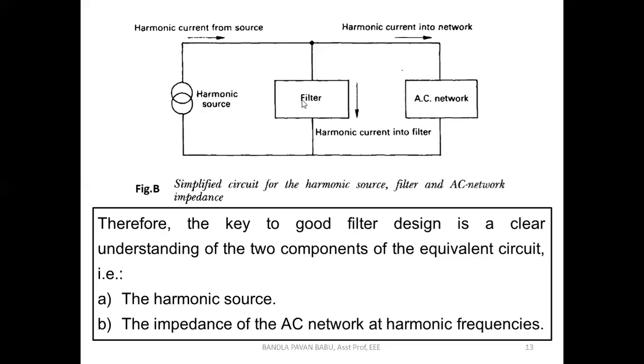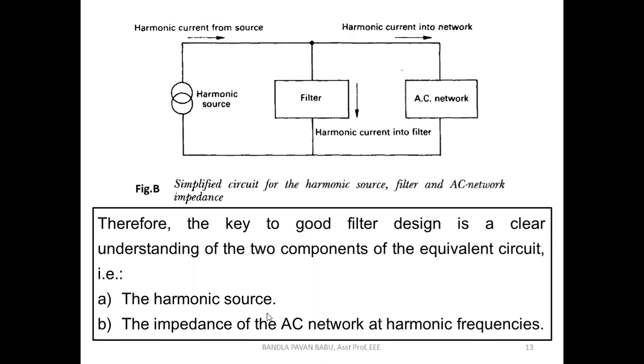Finally, the key to good filter design is a clear understanding of the two components of the equivalent circuit. One is the harmonic source, because if the source is very clean, with no distortions, the voltage and frequency are fine, and there is a pure sinusoidal waveform, most of the harmonic content can be reduced.